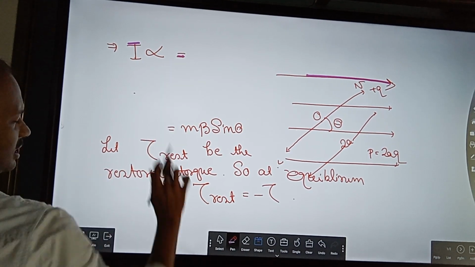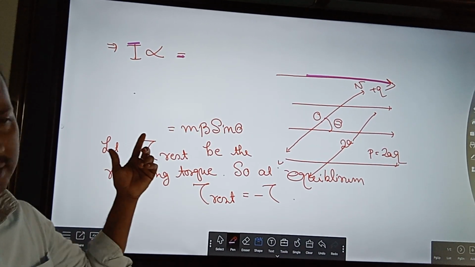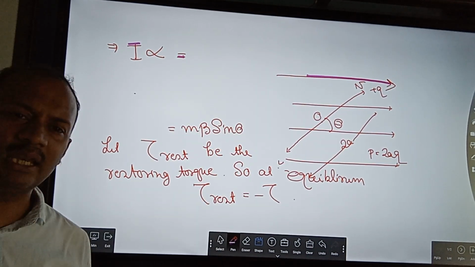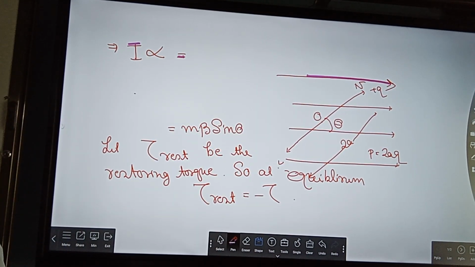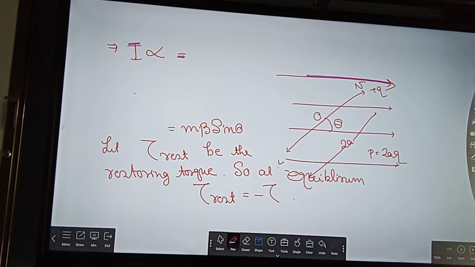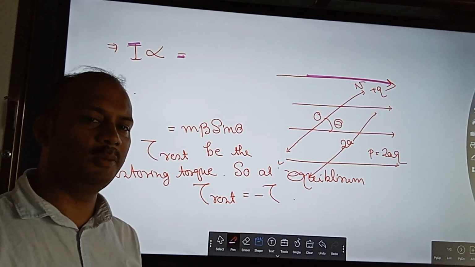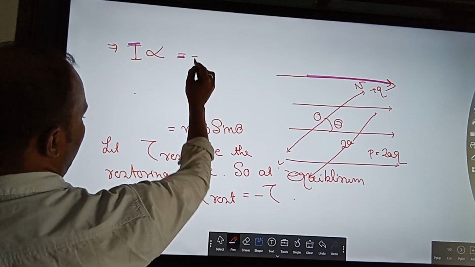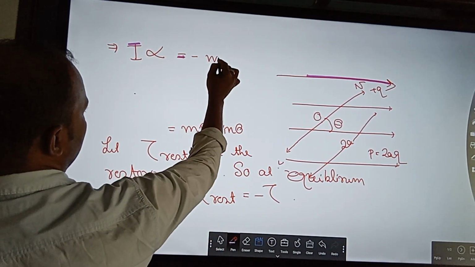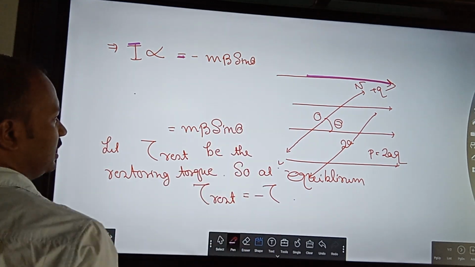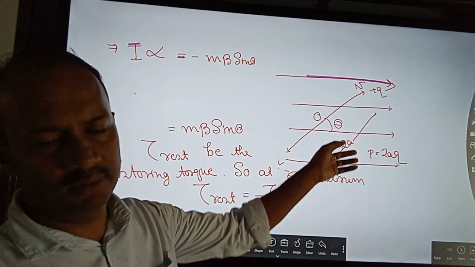So here I denotes the moment of inertia and alpha denotes the angular acceleration. So tau rest is equal to I alpha, and it is equal to minus tau, and the formula is just mB sine of theta, where theta is the angle in this diagram.